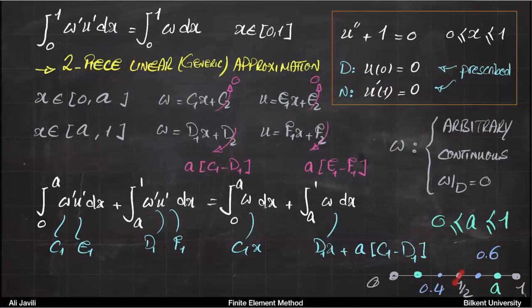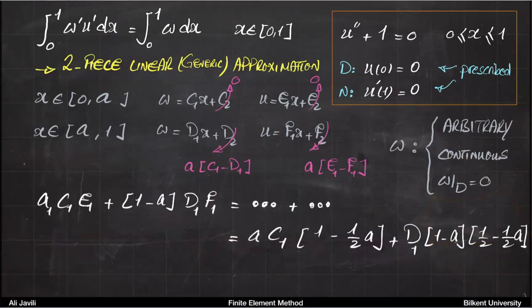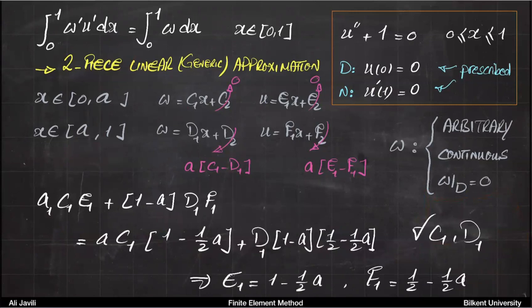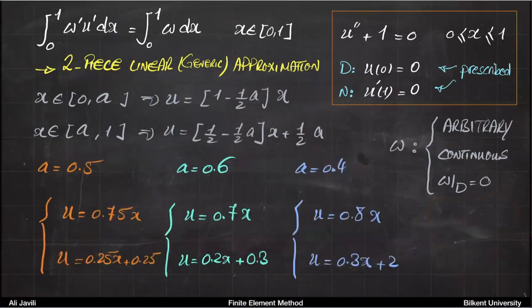We don't say the point is exactly center or right or left, we just say it is at any distance a, where a is somewhere between 0 and 1. So we play exactly the same game, and we come to this equation after some mathematical steps and manipulation.